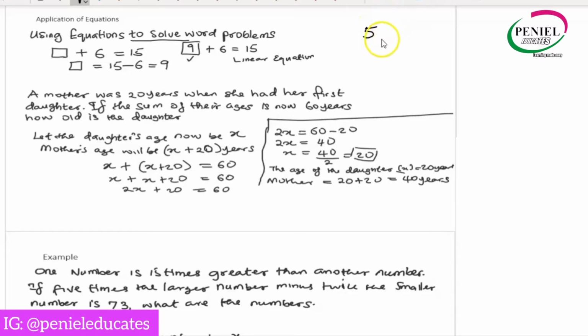For example, the multiples of 5: we say 5, then we add another 5 to be 10, another 5 to be 15, another 5 to be 20, another 5 to be 25. Those are multiples of 5.